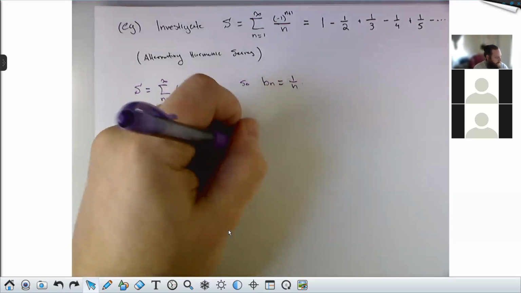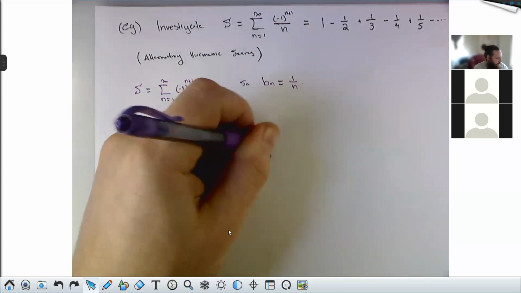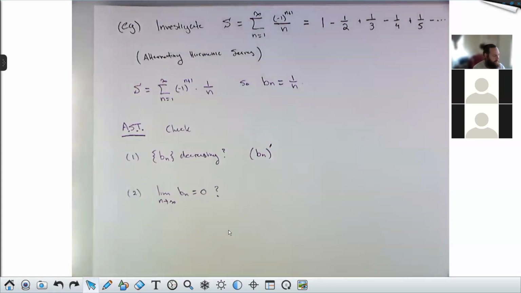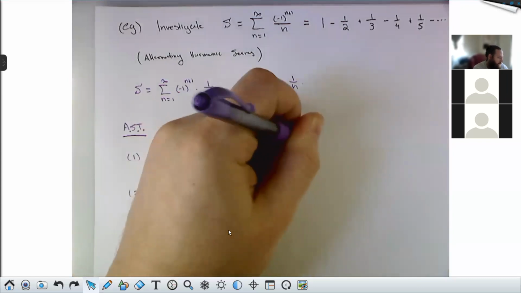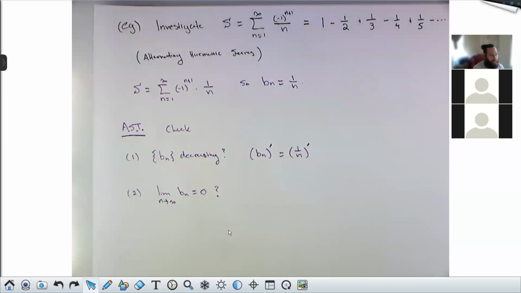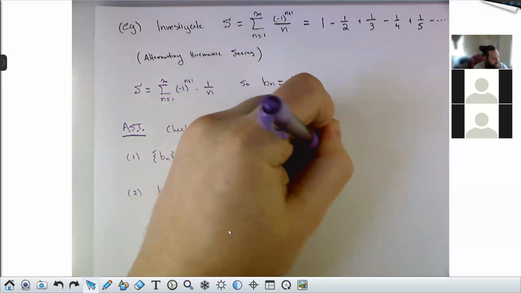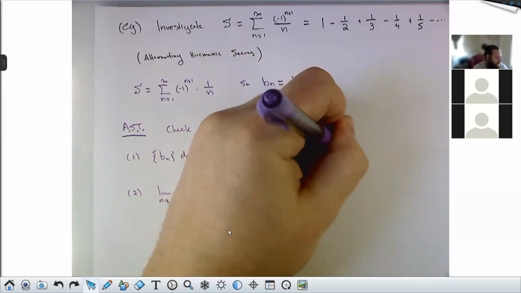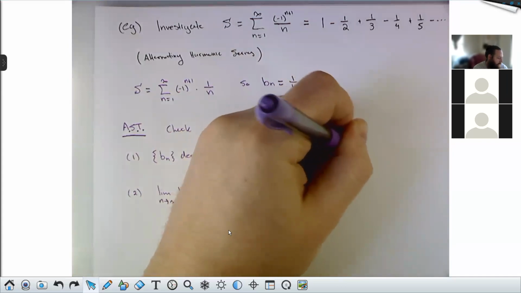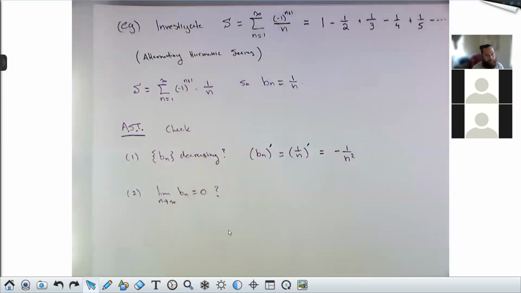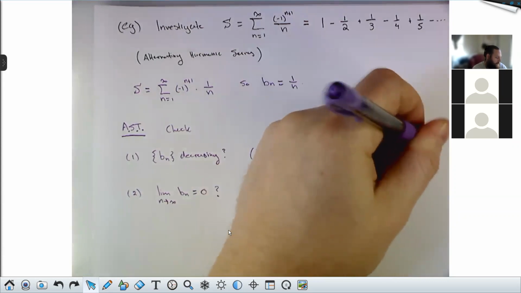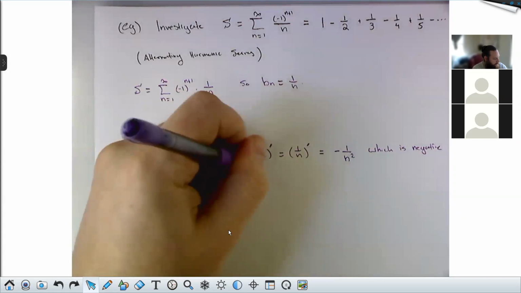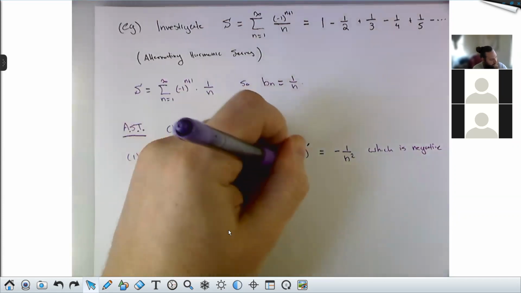Well, if you take those Bn's and you prime them, you take the derivative, that's the derivative of 1 over n. 1 over n is n to the -1, so this is going to be negative n to the -2, that's -1 over n squared. And yeah, that's negative for all n greater than or equal to 1.